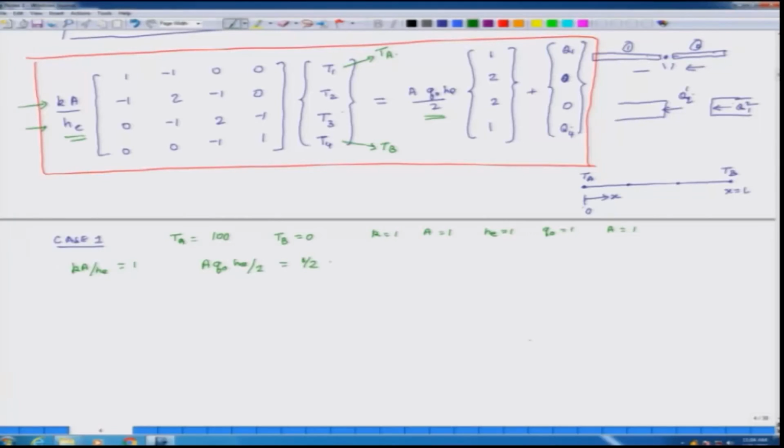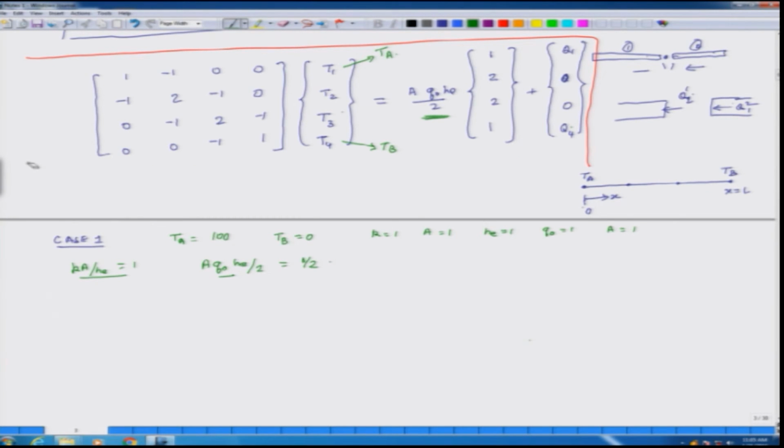So, what we are doing is that we are going to prescribe K A over H E as 1 and the other term as half, and solve for T2 and T3. So, we will write down equations from these 4 equations for T2 and T3. So, first thing I will do is erase this K A over H E because it is nothing but 1.